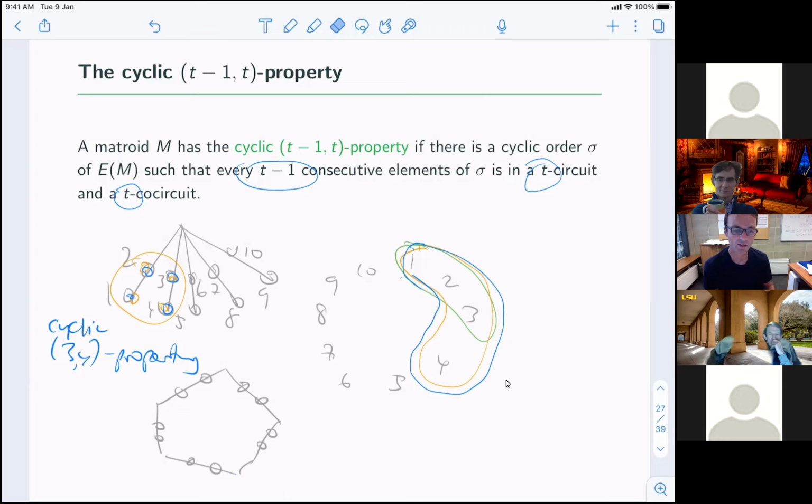And there's a rank 5 swirl. And if I label those elements, I also have the property that every consecutive 3 is in a 4 circuit and every consecutive 3 is in a 4 co-circuit, in exactly the same way.